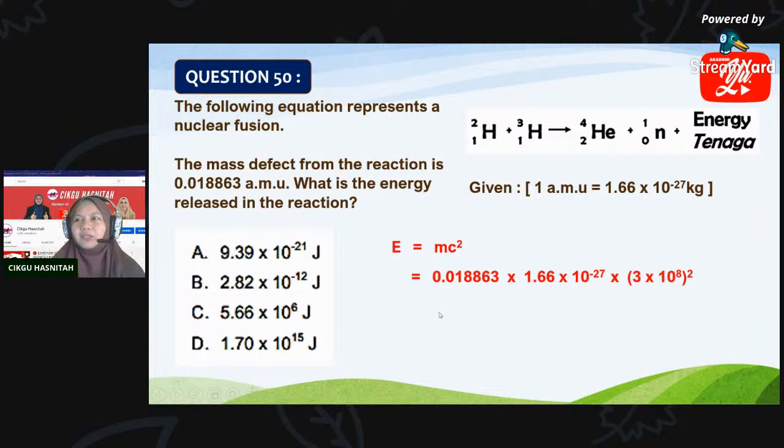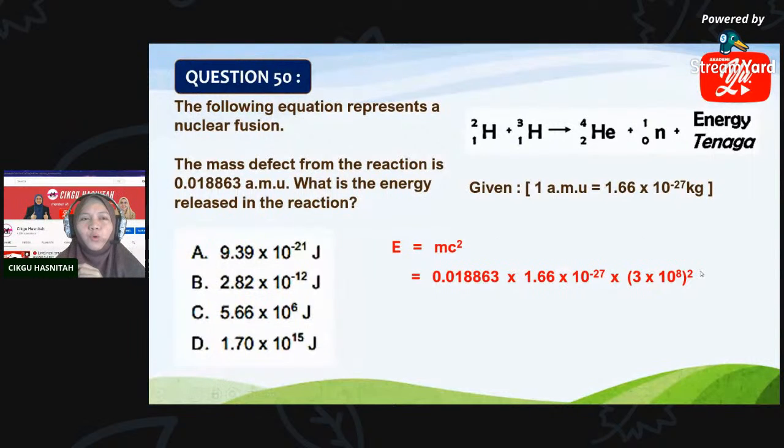So we just do the substitution, where m must be in kilogram. You are given 0.018863 in AMU, so it must be multiplied by 1.66 times 10 negative 27 to convert it into kg. Don't forget that. And multiply by c squared, where c is the speed of light.